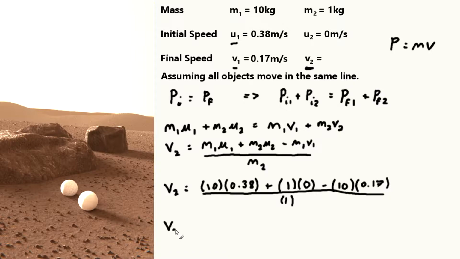Therefore, if we sub this into our calculator, we will get 2.1 meters per second.